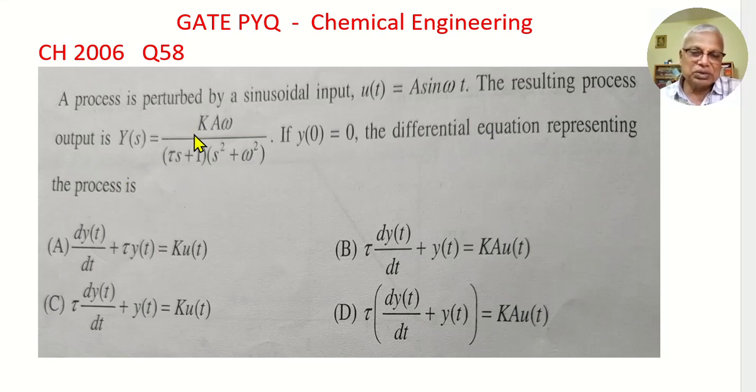You know Y(s) equals G(s), the transfer function, into U(s). So find the transfer function of each one of the four and then find out which suits this. But that cannot be the way, with paper and pen taking Laplace transform of all four. It will take a long time. So we have to do it quicker than that.